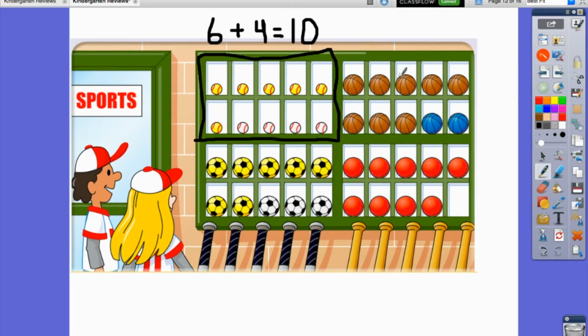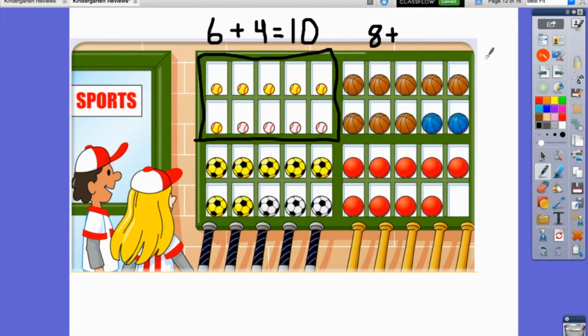What about the basketballs? Let's count the number of brown basketballs. 1, 2, 3, 4, 5, 6, 7, 8. So we have 8 brown basketballs. How many more basketballs did we have to make the number 10?